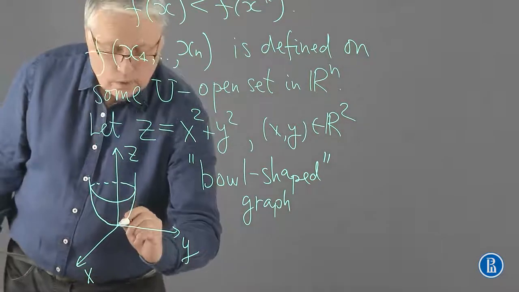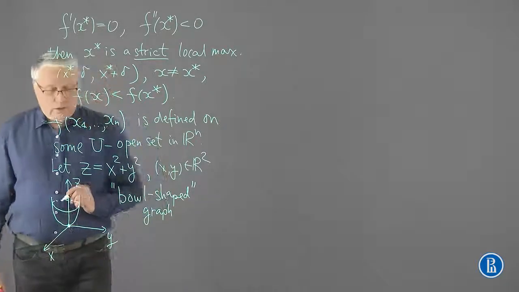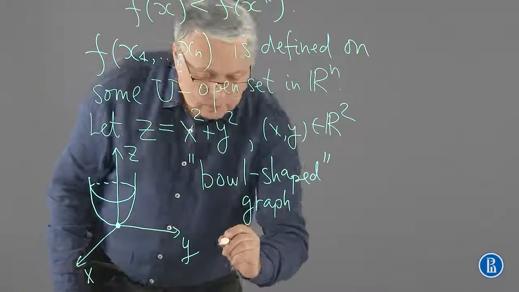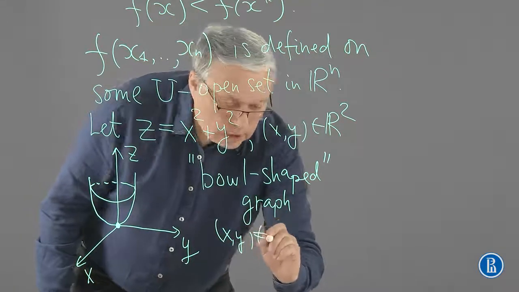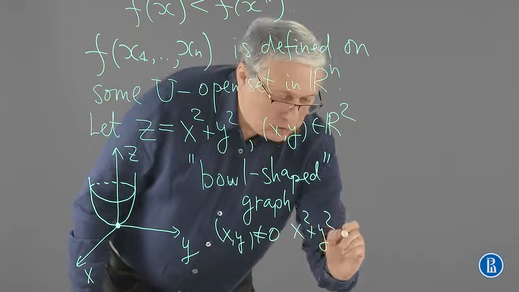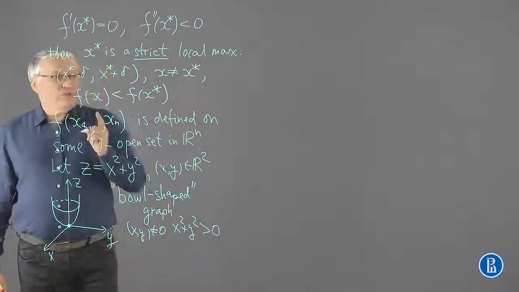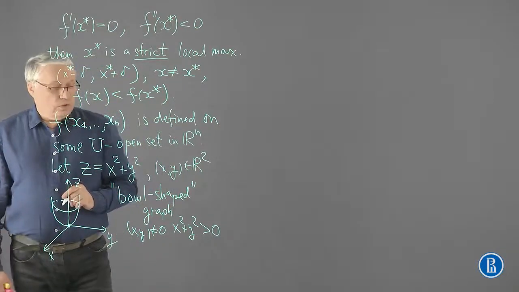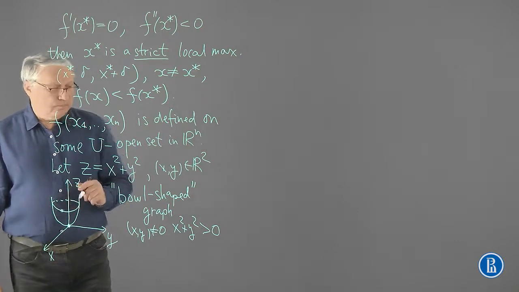Well, clearly the origin is the minimum point of this function, and actually it's a global minimum, because if xy is not taken at the origin, then x squared plus y squared is strictly greater than 0. So actually we can even make the same remark that the origin for this function is the point of the global strict minimum.